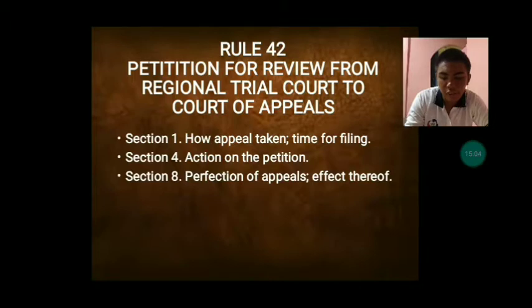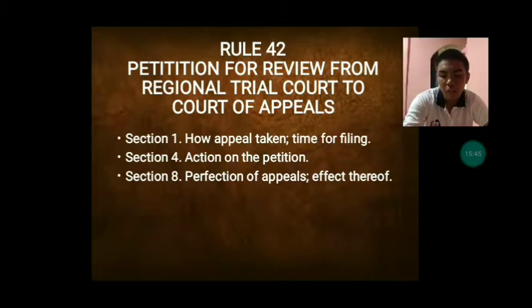A party desiring to appeal from a decision of the Regional Trial Court rendered in the exercise of its appellate jurisdiction may file a verified petition for review with the Court of Appeals, paying at the same time to the clerk of said court the corresponding docket and other lawful fees, depositing 500 pesos for costs, and furnishing the Regional Trial Court and the adverse party with a copy of the petition.